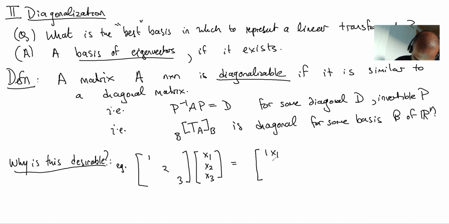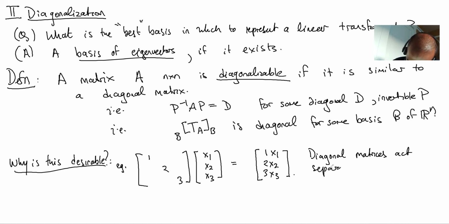It just acts on each coordinate separately. So diagonal matrices act separately on the coordinates. In particular, there's no interaction. If I wanted to compute Dx, where D is this matrix, there's no interaction between the coordinates.